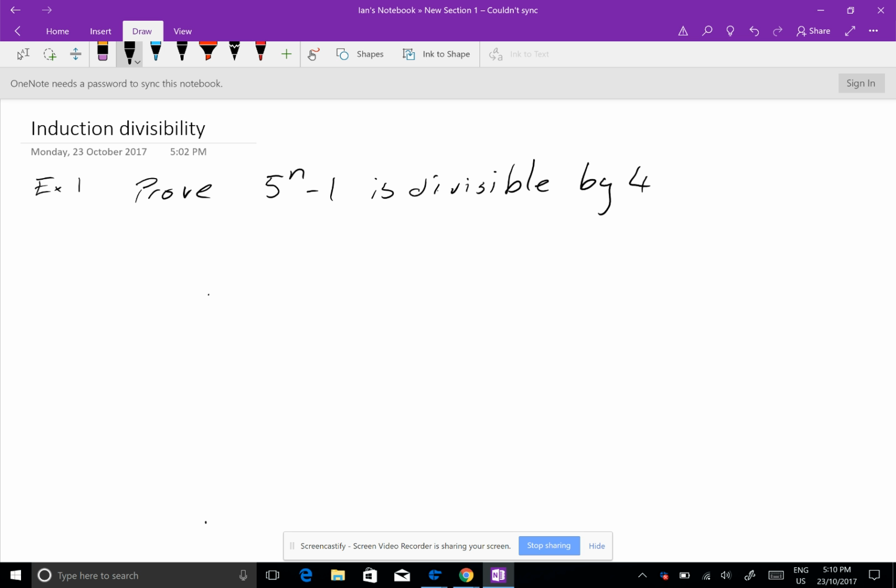So this is going to require a different format from what we've done with the summation type, but we still follow the same procedures. So step 1, prove true for n equals 1. Well, 5 to the 1 minus 1 equals 5 minus 1, which equals 4.